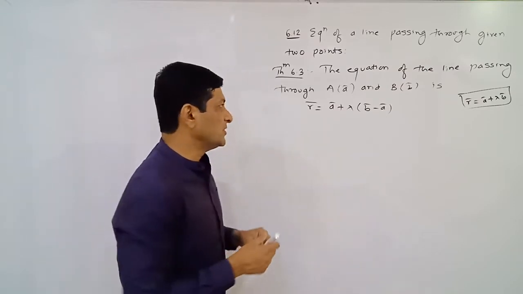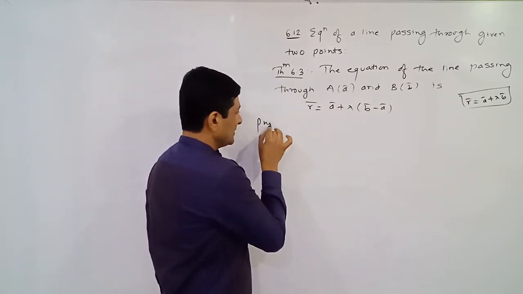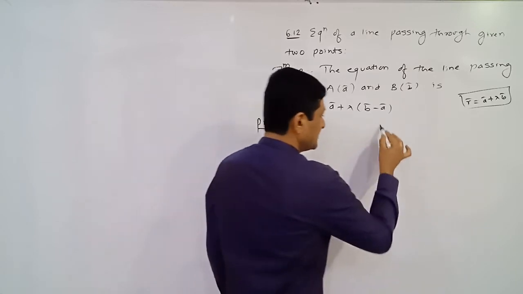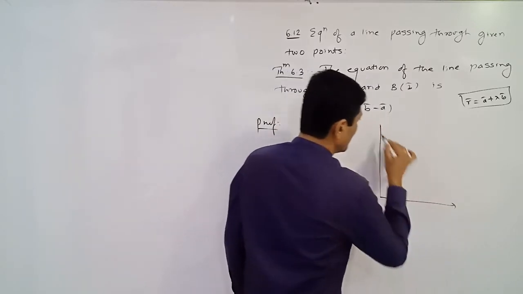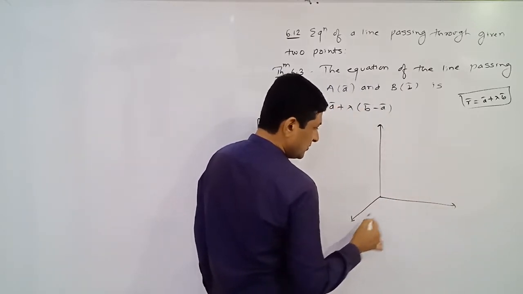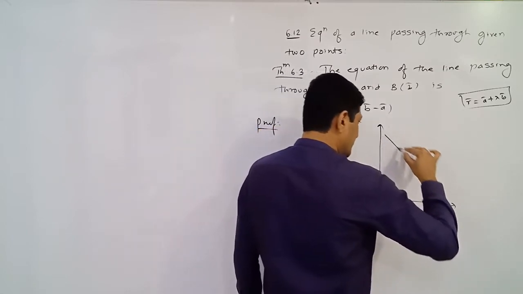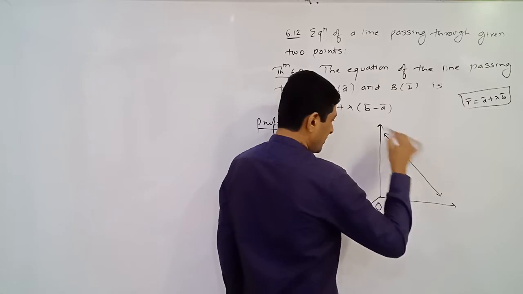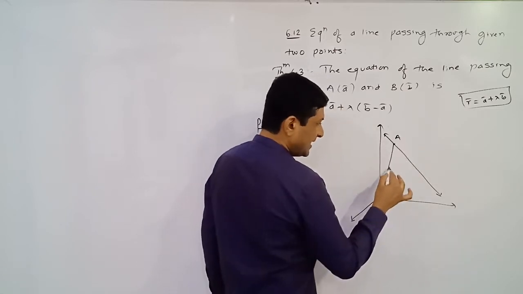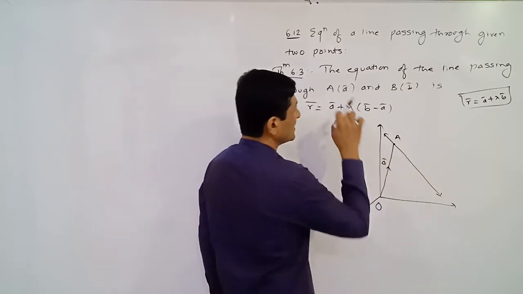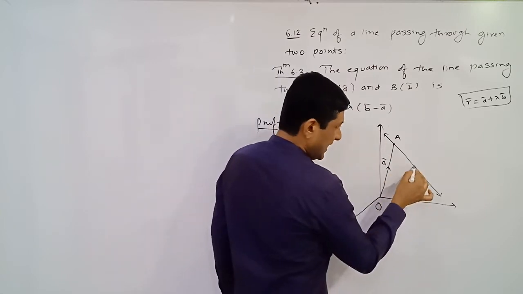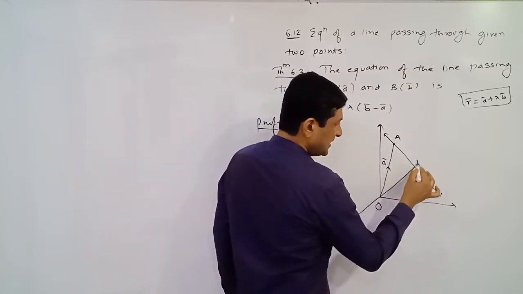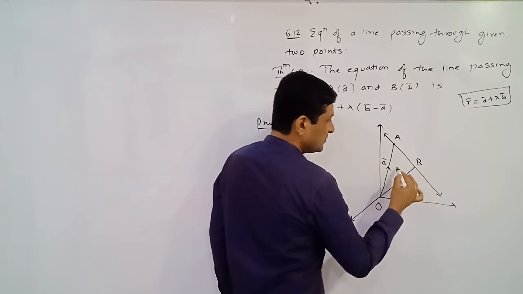Let us try to prove this theorem. One line is given to us which passes through 2 points. One point is denoted by A and another point is denoted by B. The first point is denoted by A, with position vector A bar, and the second point is denoted by B with position vector B bar.